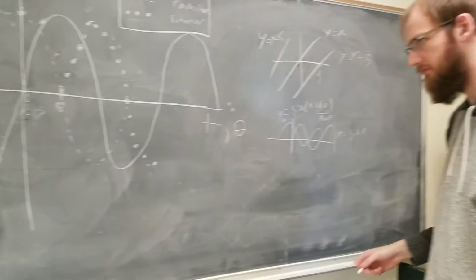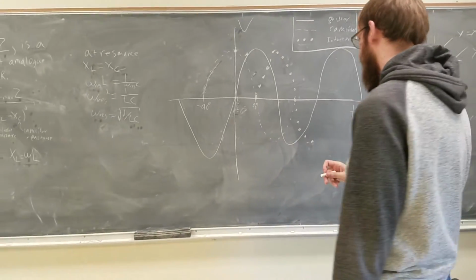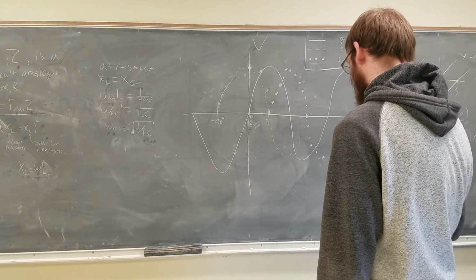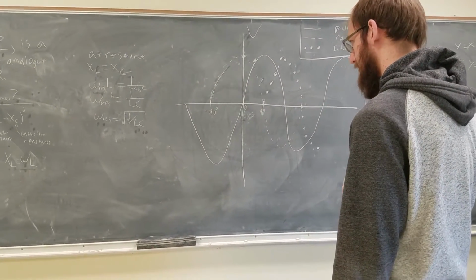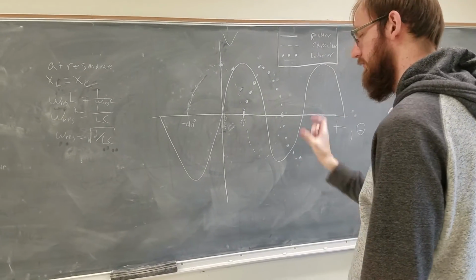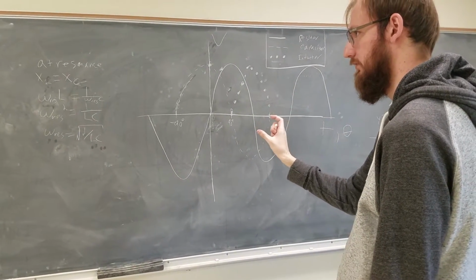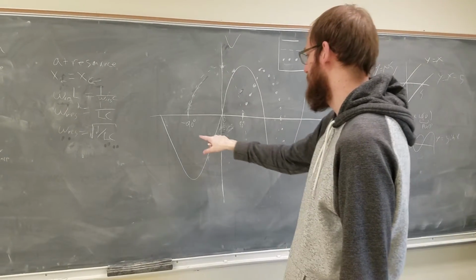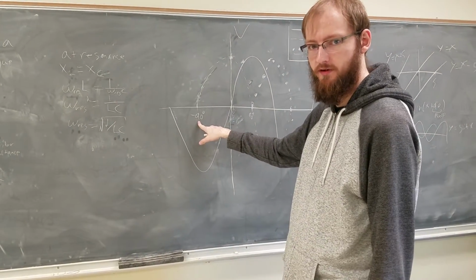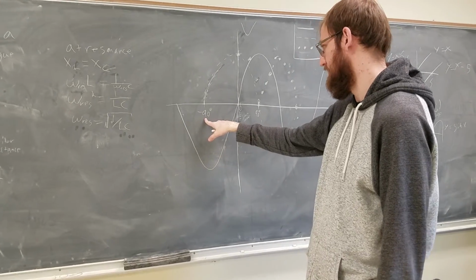All right. So if we look at the individual components, it turns out that the voltage across a capacitor is at a phase of minus 90 degrees from the resistor.